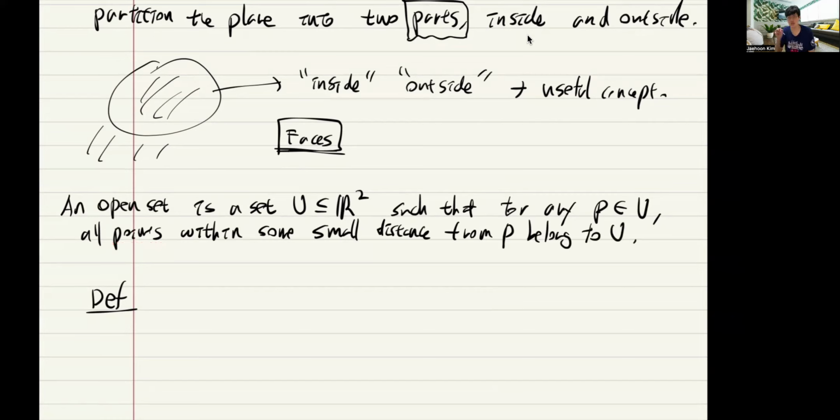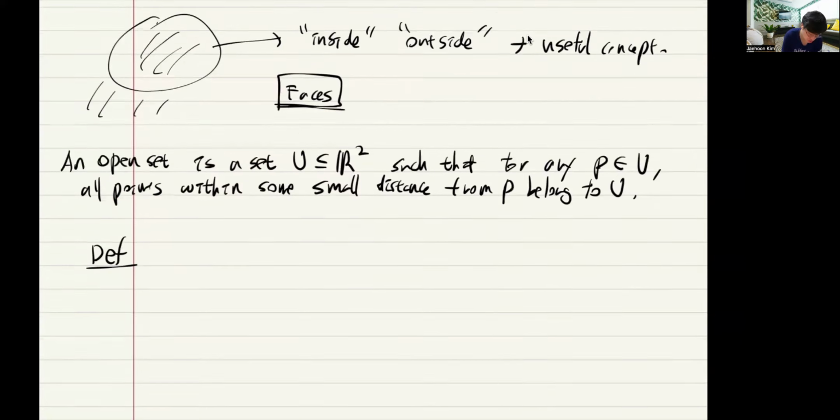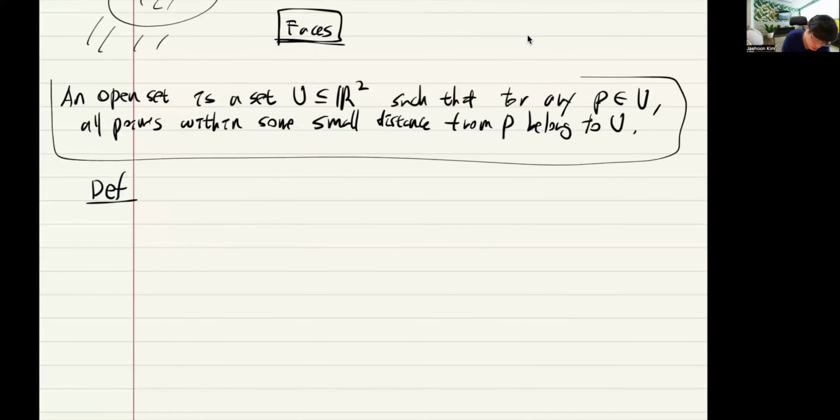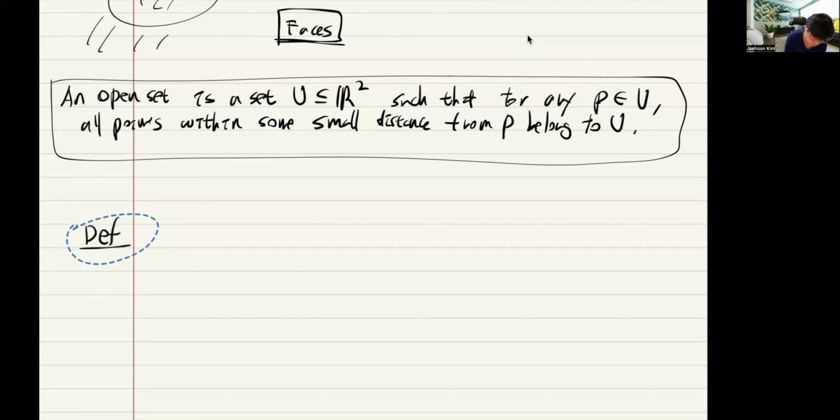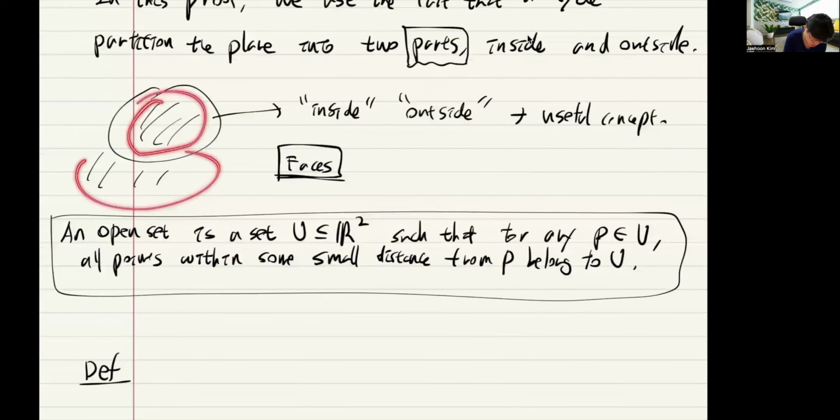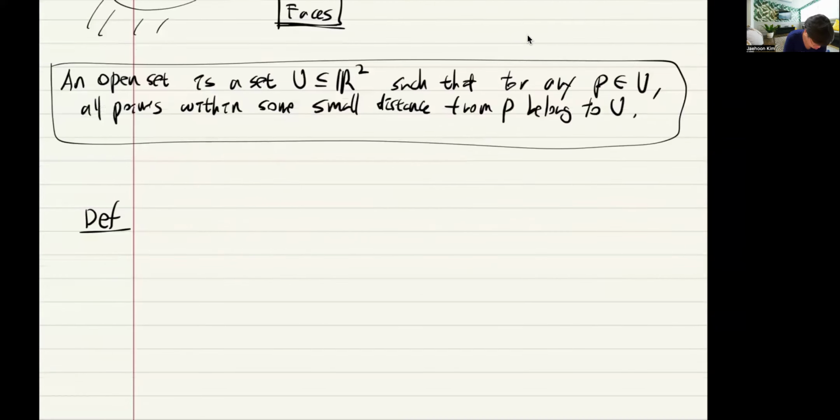So for any point P, you take a very small open neighborhood of P, then that neighborhood must totally belong to U. Everybody here, I assume, took a mathematical analysis course, so you know what this is. Okay, then now we can actually define what these inside and outside are.